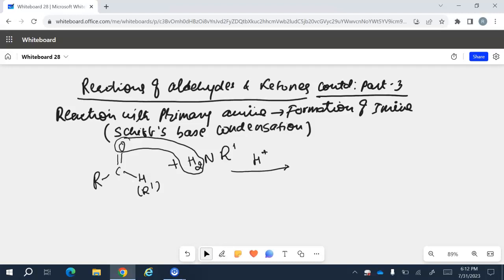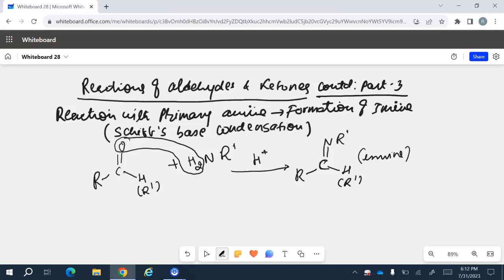So the water molecule will be lost and it results in the formation of RCH or R prime double bond N and R double prime. So this is what we call imine. The product with C double bond N we call imine.